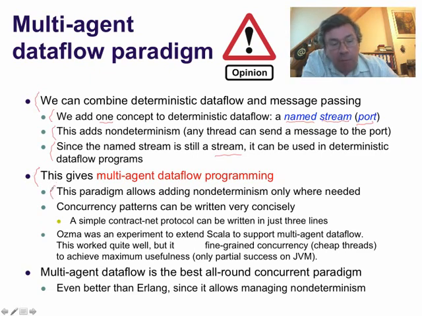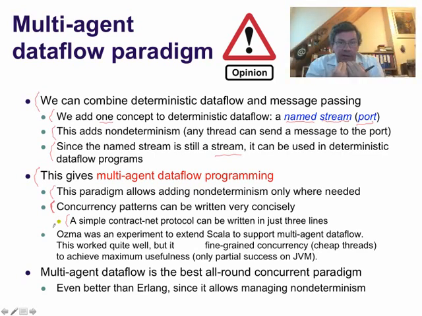This paradigm has the nice property that you can add non-determinism only where needed. You can use deterministic data flow as a default. It also has the nice property that concurrency patterns can be written very concisely. A simple example is the contract net protocol, where one entity sends messages to n entities, requesting quotes for some order.